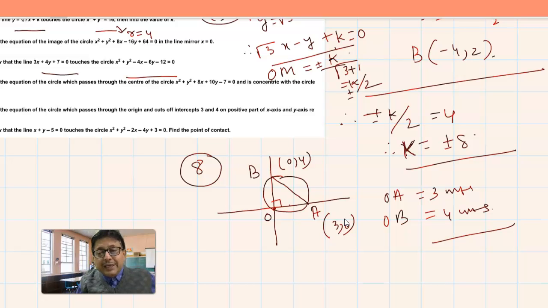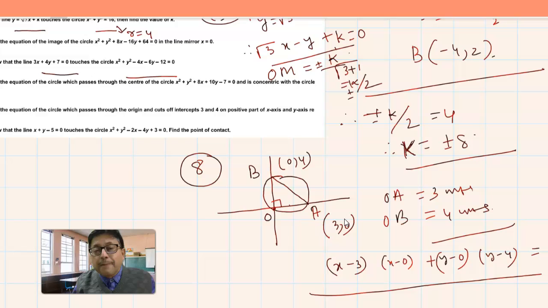Okay. So writing the equation will be easier in this case. It will be x minus 3 into x minus 0 plus y minus 0 into y minus 4 equal to 0. Actually, this diameter form will simplify the sum. That's why it is used.